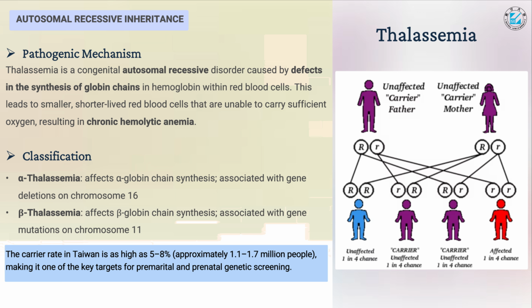In Taiwan, the carrier rate is relatively high, estimated at around 5 to 10%. Therefore, thalassemia is an important target for gene screening. The disease demonstrates the importance of carrier screening in public health and preventive medicine.